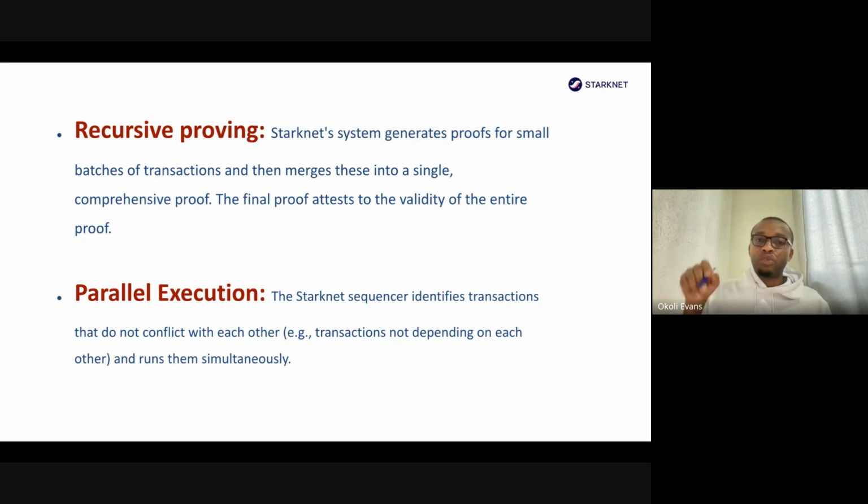So instead of sending one proof, we bundle proofs to generate one parent, or what we call a Merkle root. So it's like using proofs to generate one parent proof. You can use that parent proof to verify the entire proofs that serve as the leaves.